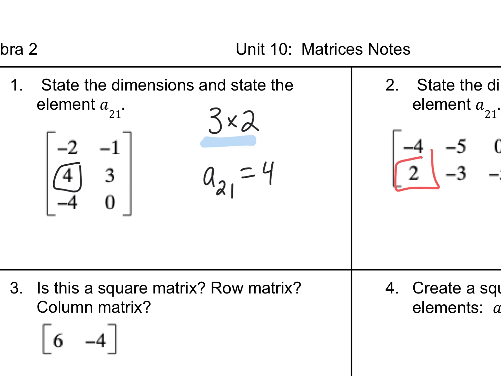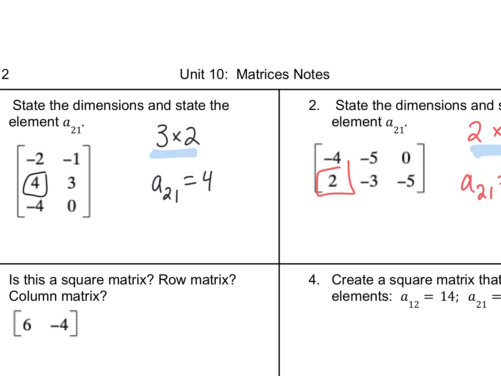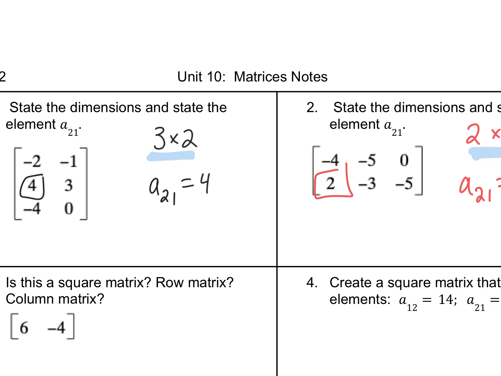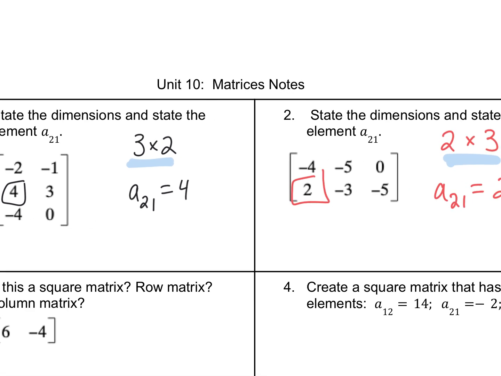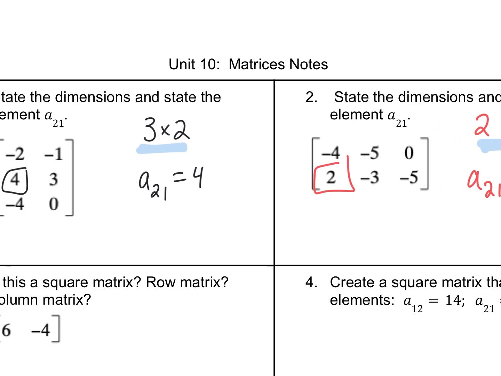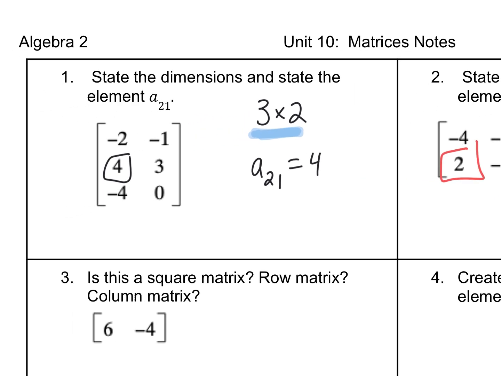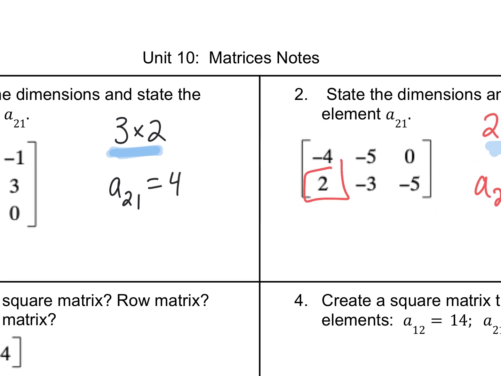Is a 3 by 2 matrix the same as a 2 by 3 matrix? It is not. So this is a different kind of math. When we're talking about dimensions, we're not talking about necessarily a multiplication problem here, even though 3 times 2 gives me the amount of elements in this matrix, there's 6 in both. It's giving me the dimensions. They are not equal. Does anyone have questions on that?